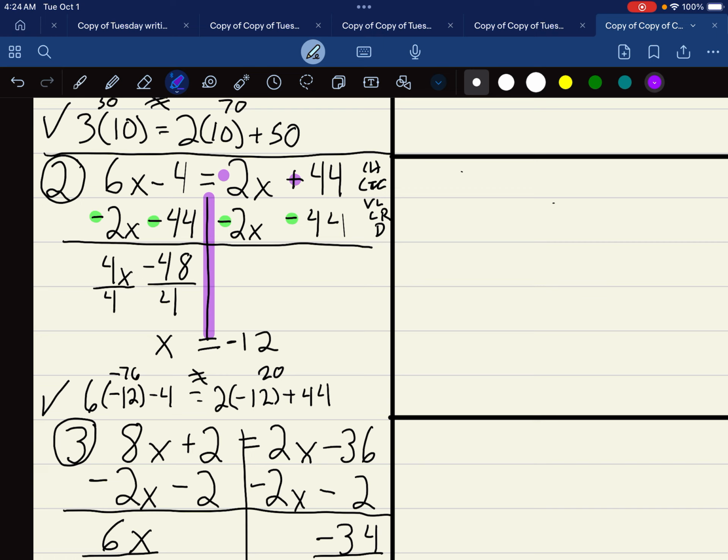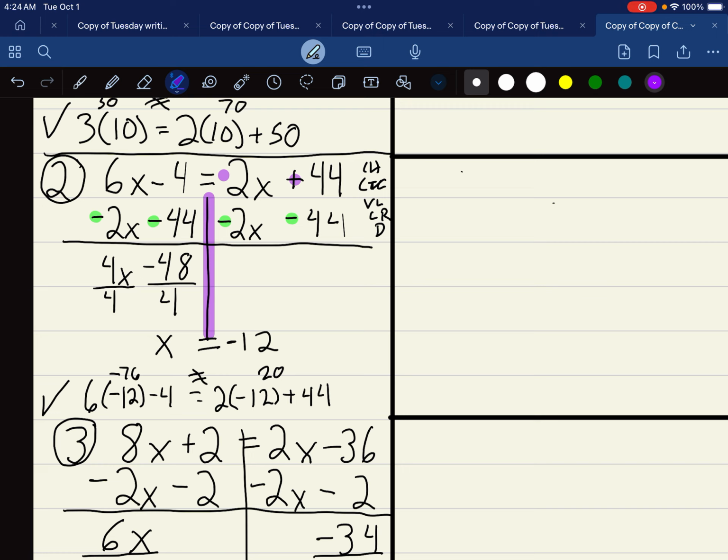You're still going to have a sign error. Because in order to get negative 48 back to the other side, what do you have to do? That's right, you got to do the opposite. So it would become a positive 48 to be on the other side. So you've got to make sure and split your variable and your constant on opposite sides of that equal bar.